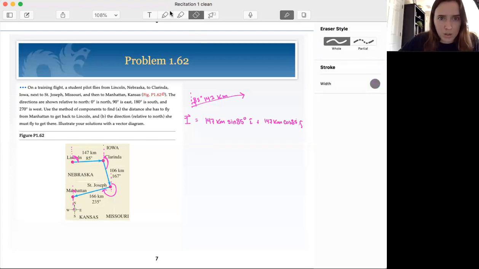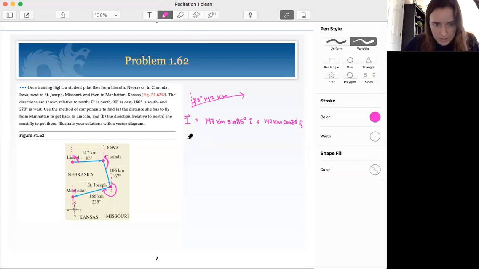Okay, vector 2. So this is 167 degrees with a magnitude of 106 kilometers. Personally, I don't like dealing with angles greater than 90.